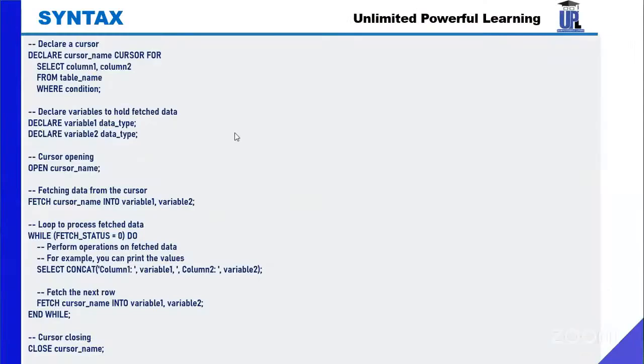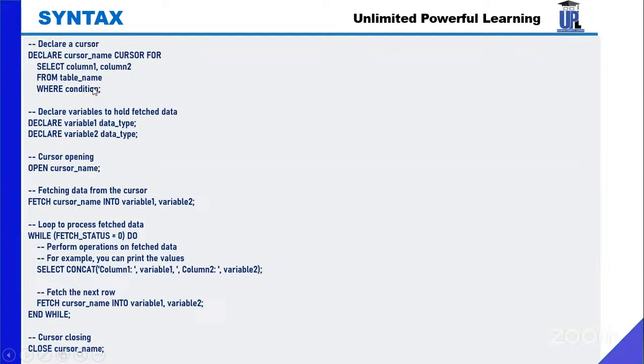Now, if I want to declare a cursor, first I need to say from which table, and what are the columns, because the table may have 10 columns, but I need only 2 columns. So you declare a cursor with a cursor name, you can give some name like XYZ cursor, for which table and based on which condition.